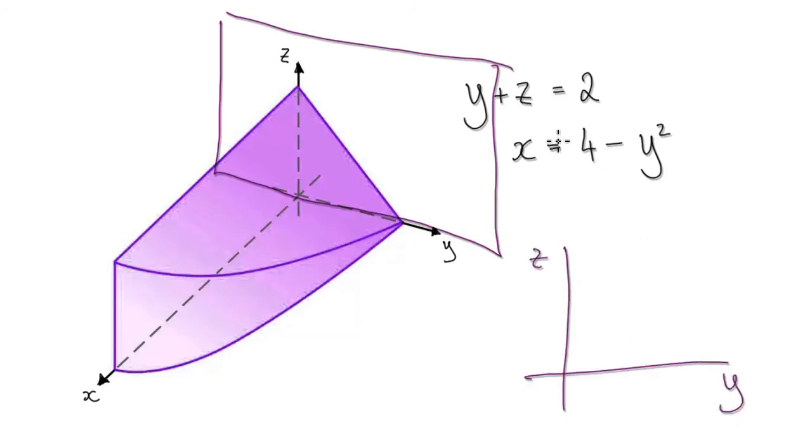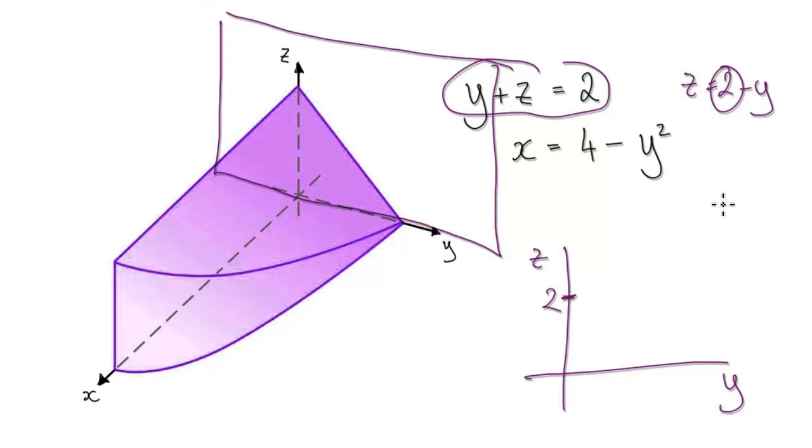When you sketch your surface, it will look like this. Make Z the subject, so Z equals 2 minus Y. It has an intercept of 2 and a gradient of -1, so it looks like this. This is also at 2. That's why you get this straight line here.